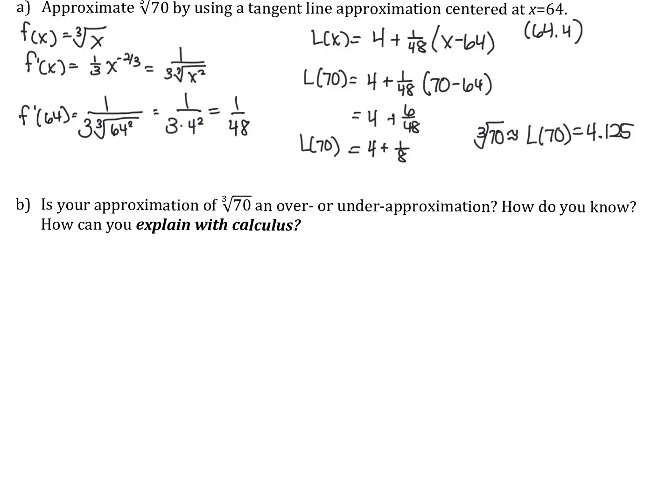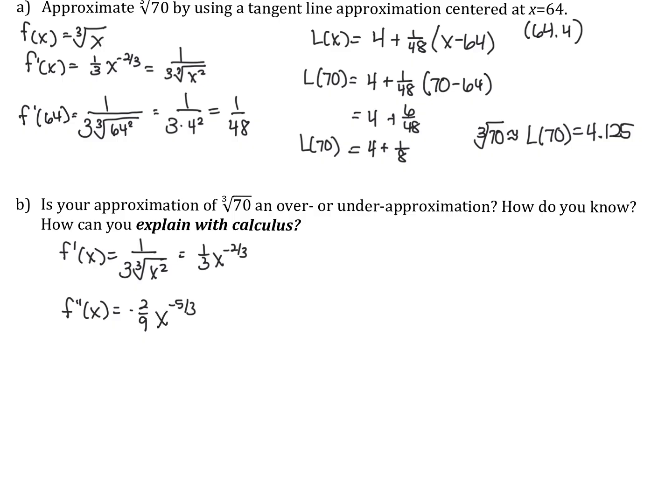Well, the first thing I would need to do is take the derivative using the first derivative, which we have as 1 over 3 cube root of x squared. And now I need to take the second derivative because I need to show the function's concavity. So if we take the second derivative, actually it might be easier to have done this from the 1/3 x to the negative 2/3, because this would give me negative 2/9 x to the negative 5/3.